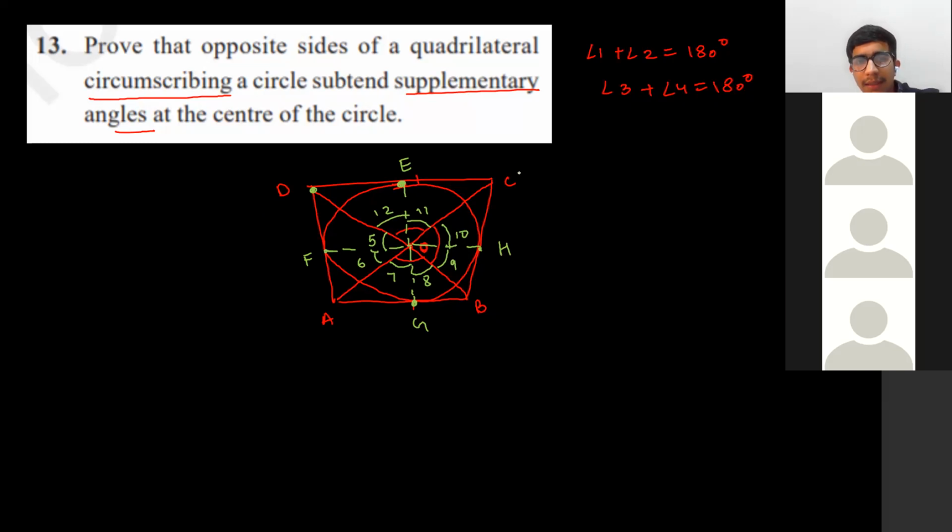So since DF and DE are two tangents, can I say that angle 12 will be equal to angle 5? Because since these two tangents meet, this particular angle will get bisected. Similarly, from point A, can I say that AF and AG are the two tangents?